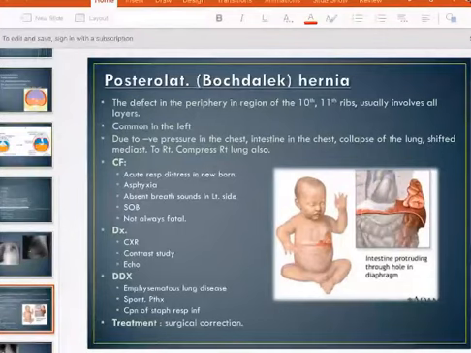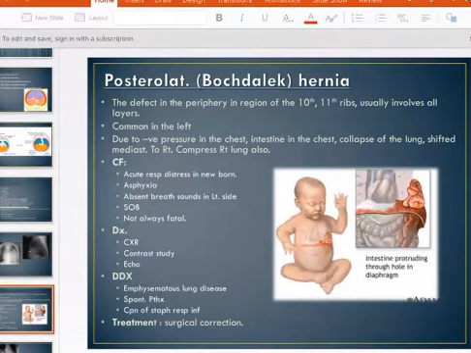Spontaneous pneumothorax occurs more in the premature baby, or maybe there is a post-staph infection, which we call a pneumatocele in the lung.